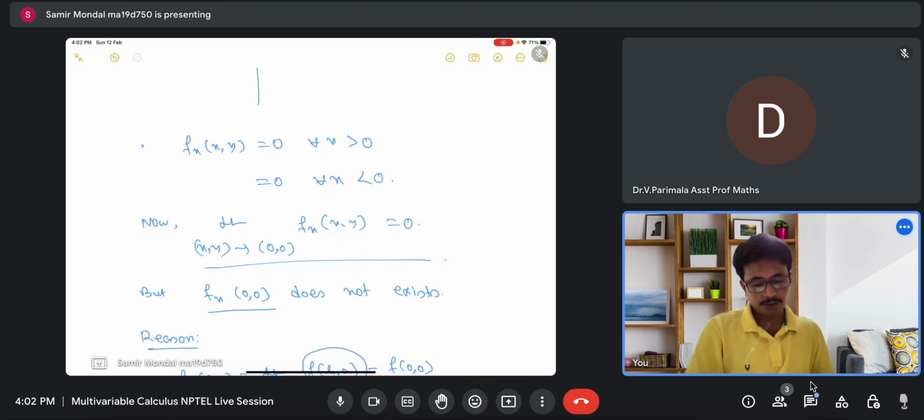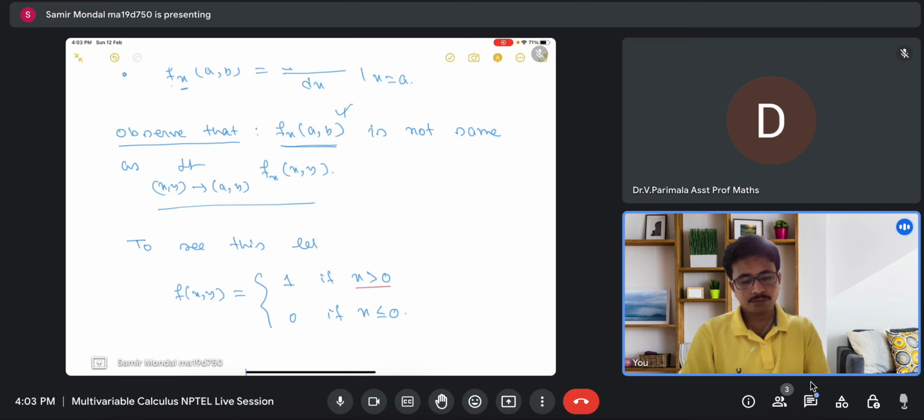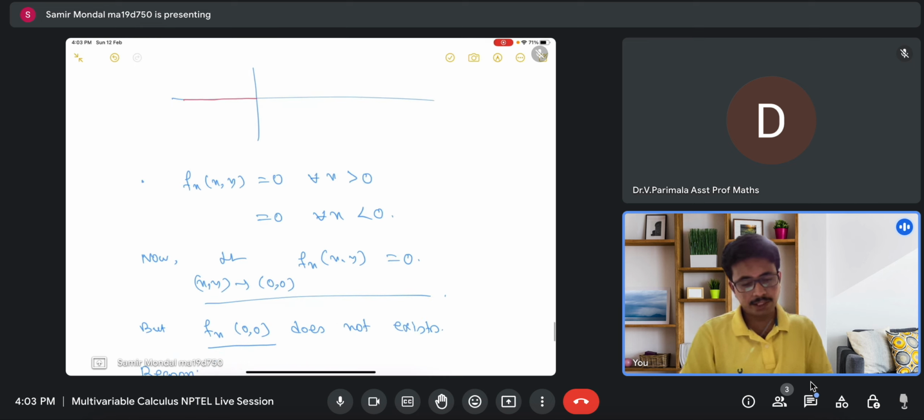So one question arises: when will this quantity and this quantity be equal? Here one can observe that this function f of x, after taking the first derivative, is not continuous at the point (0, 0).